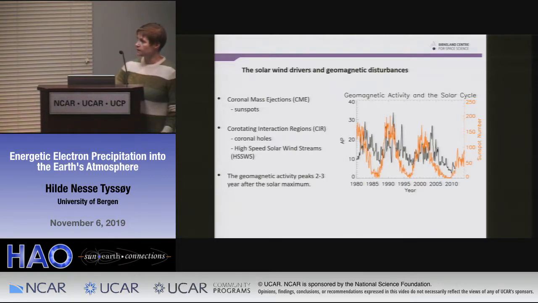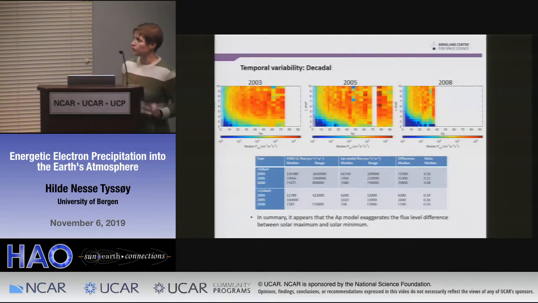So the next question is then, how will that give a bias throughout the solar cycle in the AP model compared to when we're using the estimates based on the loss cone fluxes. So we selected a few years throughout the solar cycle: 2003, 2005, and 2008.